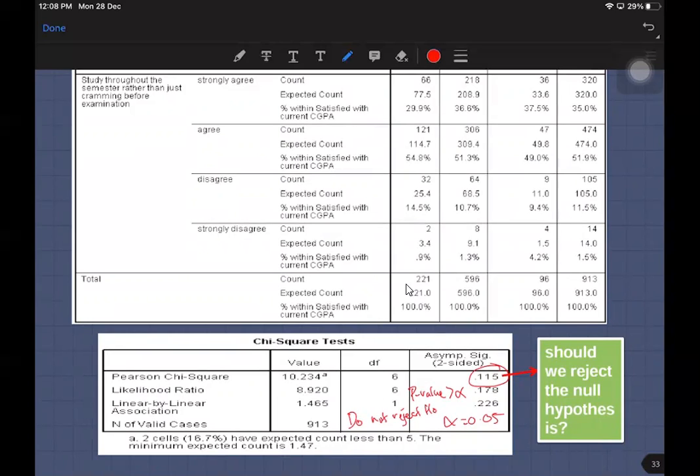But if your p-value is smaller than alpha, your decision will be reject the null hypothesis and conclude that there is a relationship between the two variables. Ada hubungan kalau kamu reject null hypothesis.